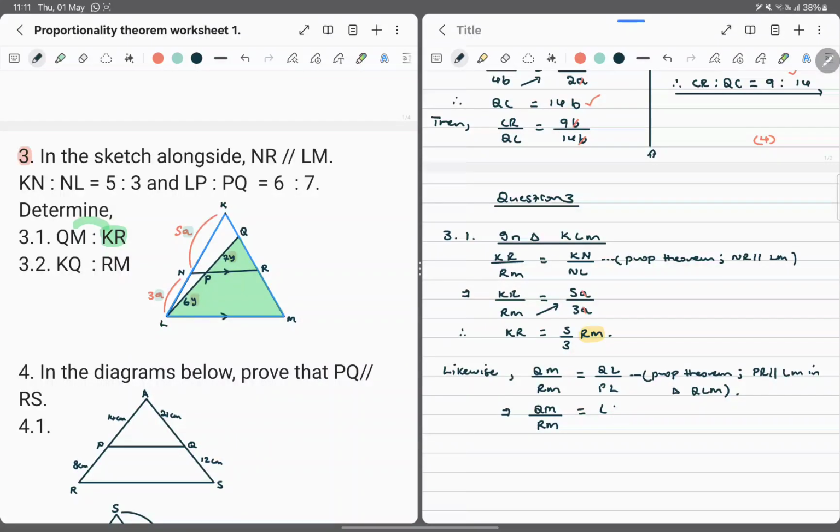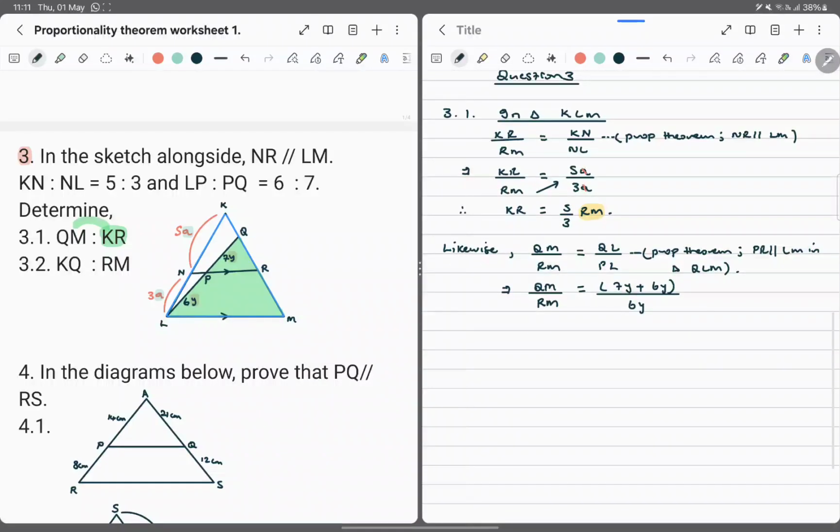QL is going to be 7y plus 6y, all divided by LP or PL, which is 6y. Nice and easy. So simplify further. This means QM divided by RM is equal to, this is basically 13 over 6.